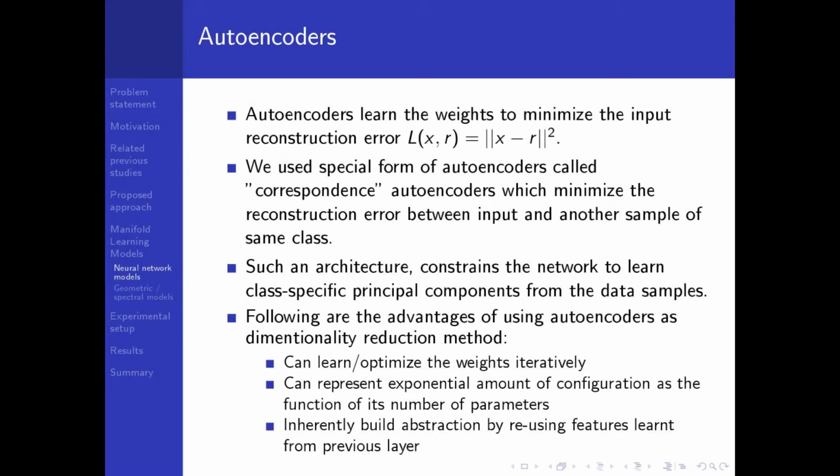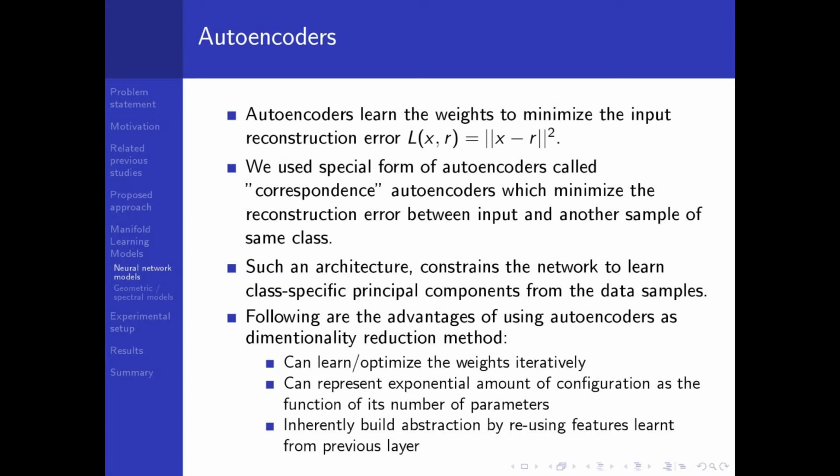Autoencoders have several advantages over manifold learning techniques. One of those is that the weights are optimized iteratively rather than in a single step, whereas manifold learning techniques use a lot of computation and memory. Autoencoders also build abstraction of features by reusing the features obtained in the previous layers.